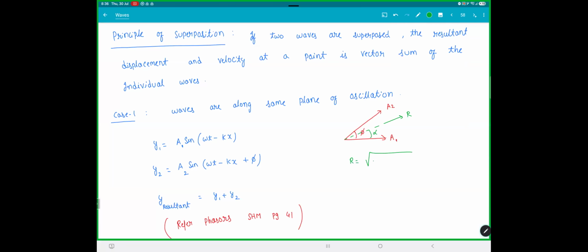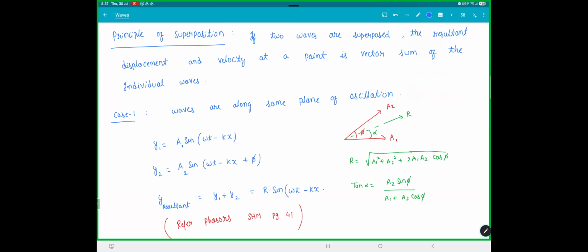By the parallelogram law of vectors, R will be root over a1 squared plus a2 squared plus 2 a1 a2 cos phi, and tan alpha will be a2 sin phi over a1 plus a2 cos phi. I hope you remember the parallelogram law of vectors. In case you forgot, you should check that also. That would be the resultant of these two vectors. So the resultant wave would be R sine(omega t minus kx plus alpha).